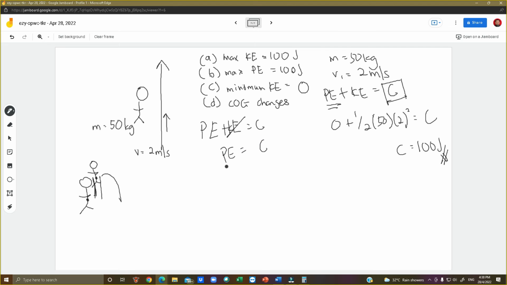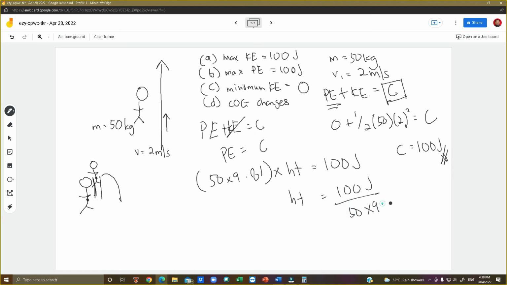Can we solve that? PE boleh lah. Weight dia berapa? Kita ada mass dia. Weight dia ialah 50 kali 9.81. Change that first. Times dengan height dia sama dengan 100 joules. So, height dia ialah 100 joules bahagi dengan 50 kali 9.81.